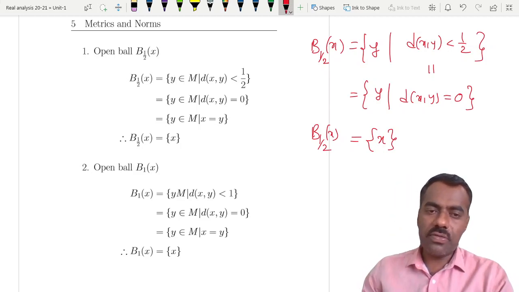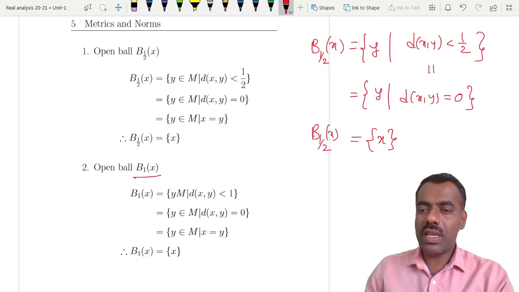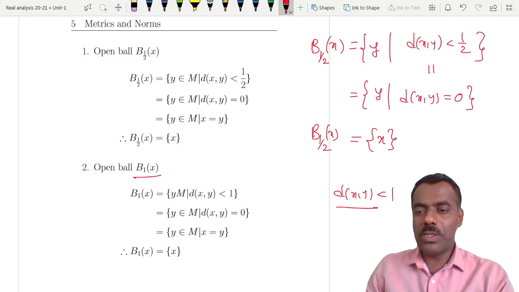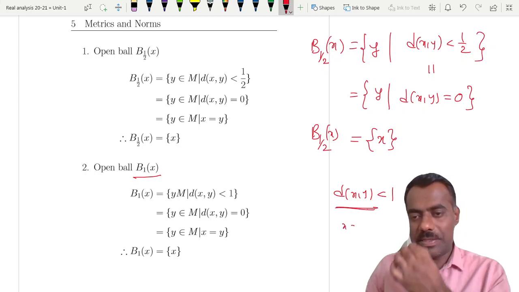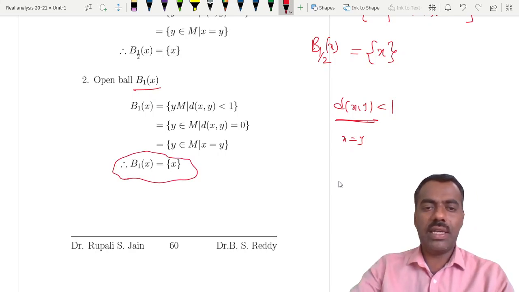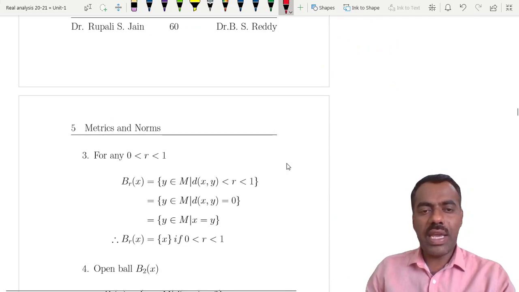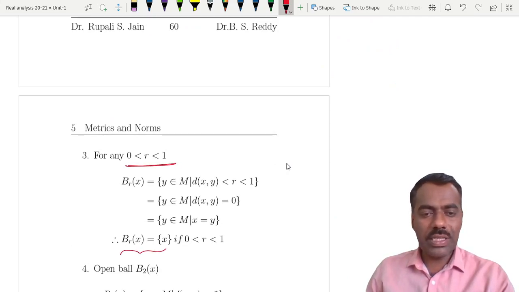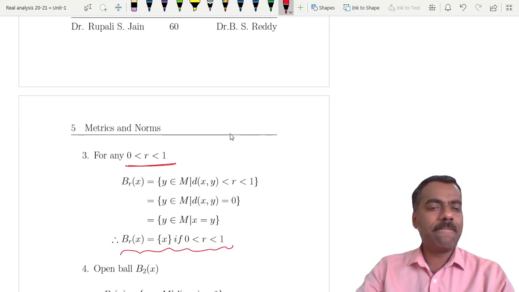Not only half, even if you take 1, that means when the distance between x and y is strictly less than 1, the only possibility is that x is equal to y. So the ball around x of radius 1 is also a singleton. And if you take any r strictly less than 1, you can see that it is a singleton.